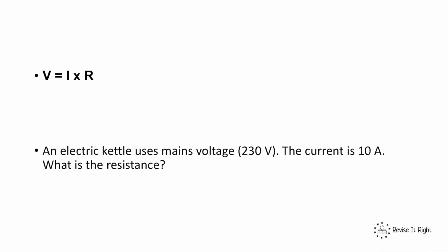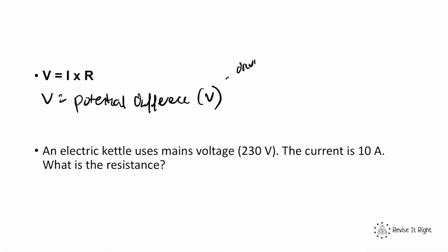Now this can all be linked with the following equation: V equals I times R, where V is our potential difference, and that's measured in volts. You'll remember from a previous video that potential difference is the driving force of a current.